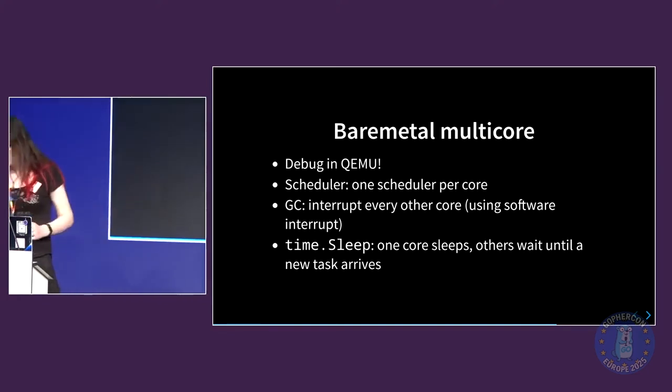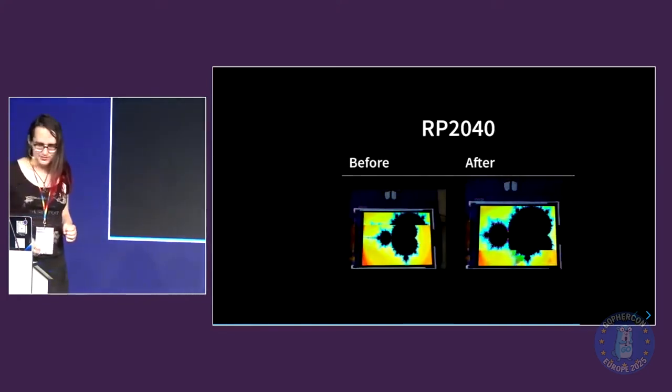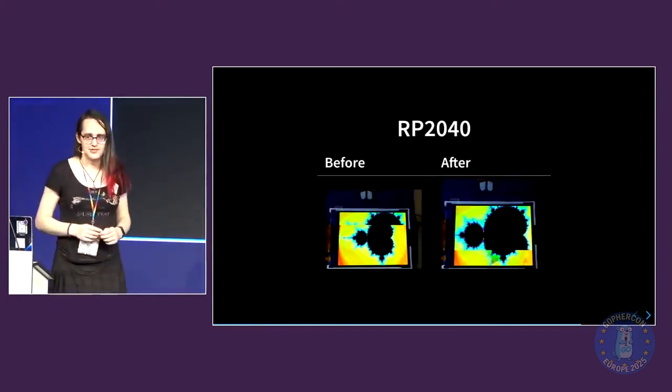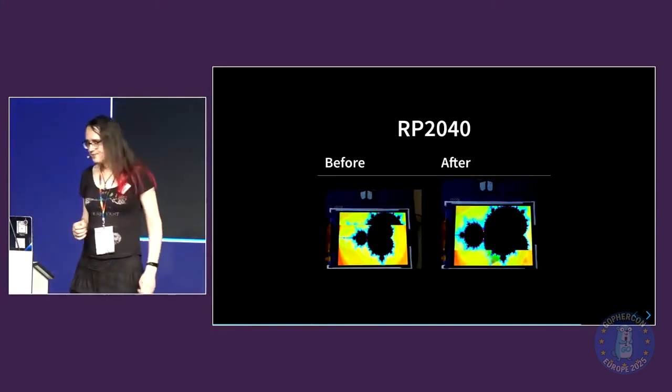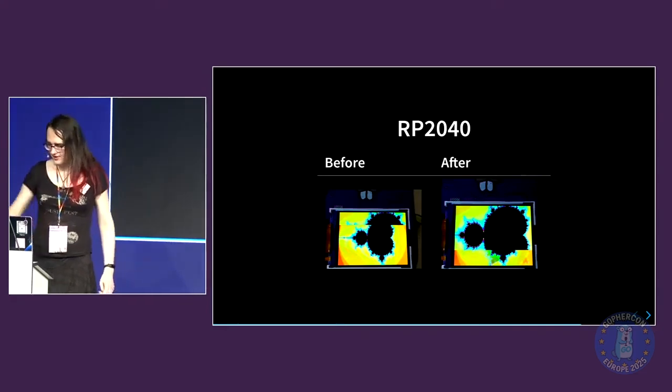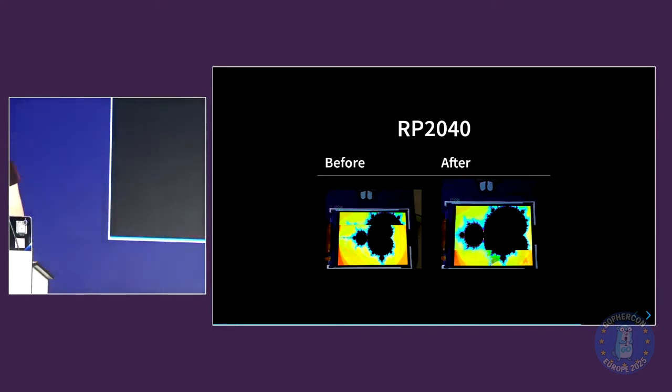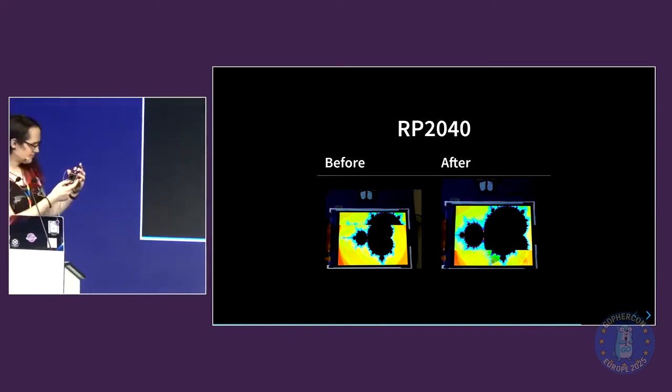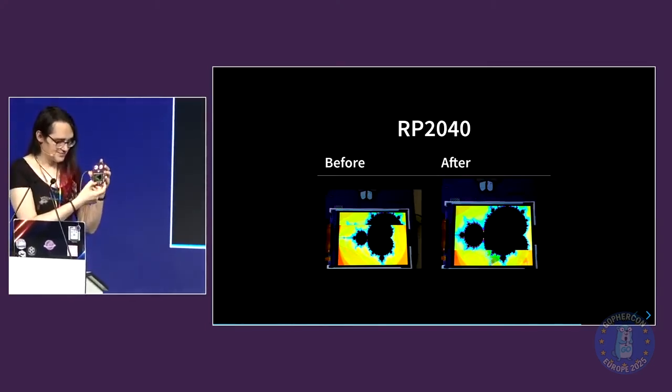That's not super useful. So next up, I added support for the RP2040 from the Raspberry Pi Foundation. And that's actually something I can show. This is the Gopher badge. I'm not sure how much of this is visible, but yeah, you can.